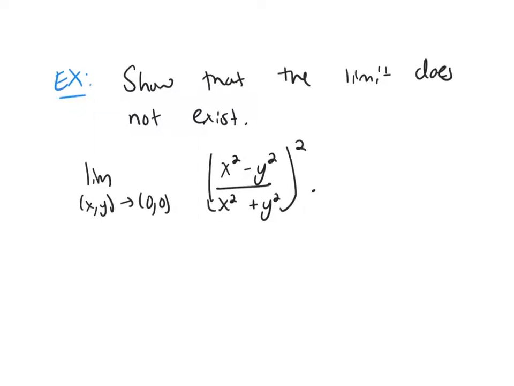So in order to show this limit doesn't exist, we need to show that when we approach from two different directions, we get different limits.